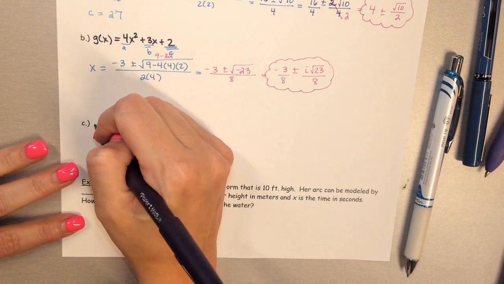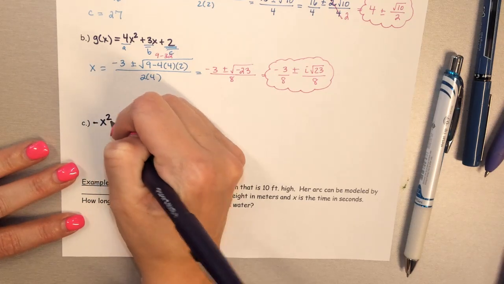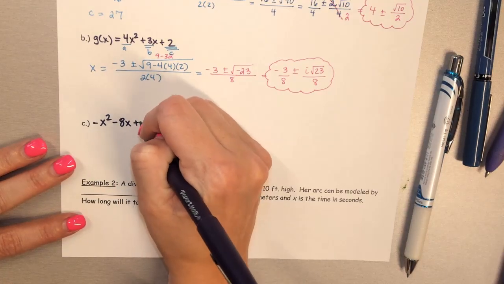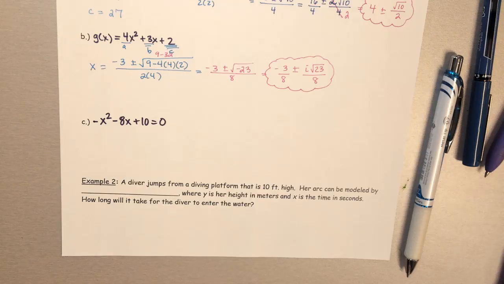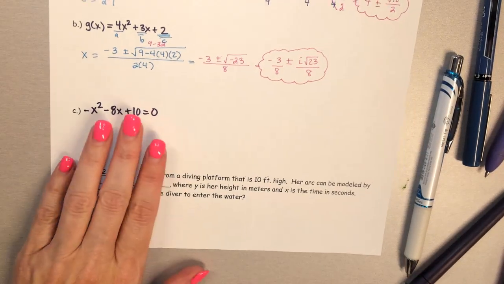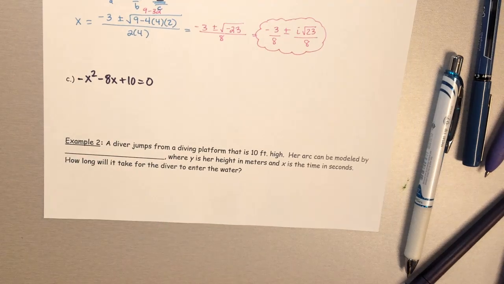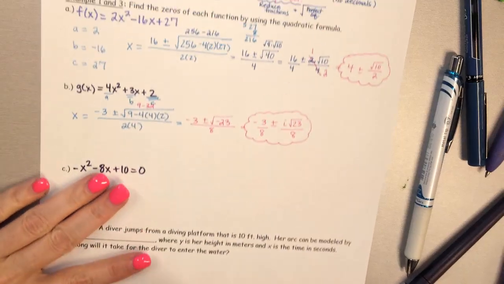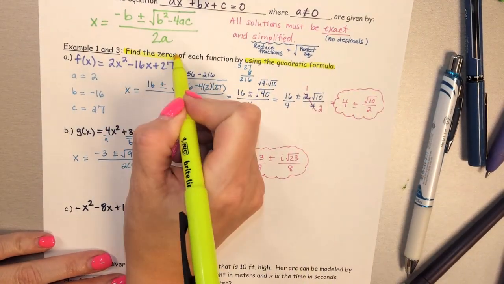All right, and then let's try C. So C, the setup is going to be a little bit different. Okay, for A and B, we had f of x equals, we had g of x equals, but it could also be equal to 0. Okay, it says find the zeros using the quadratic formula. So anytime it tells you how to solve, make sure that you are using that.